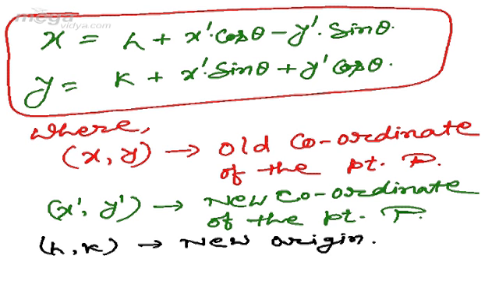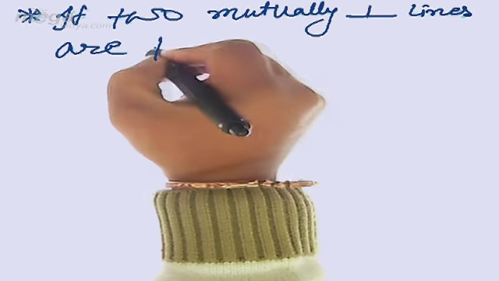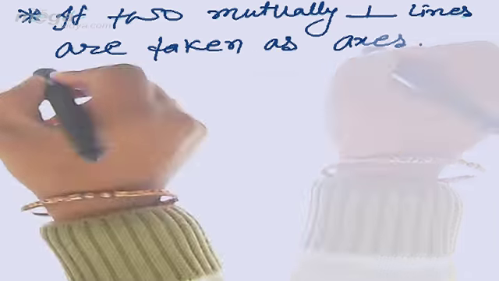So now I am taking the situation when any two perpendicular straight lines are taken as the axis. What will happen? How will we get the coordinate of that point in the new situation?